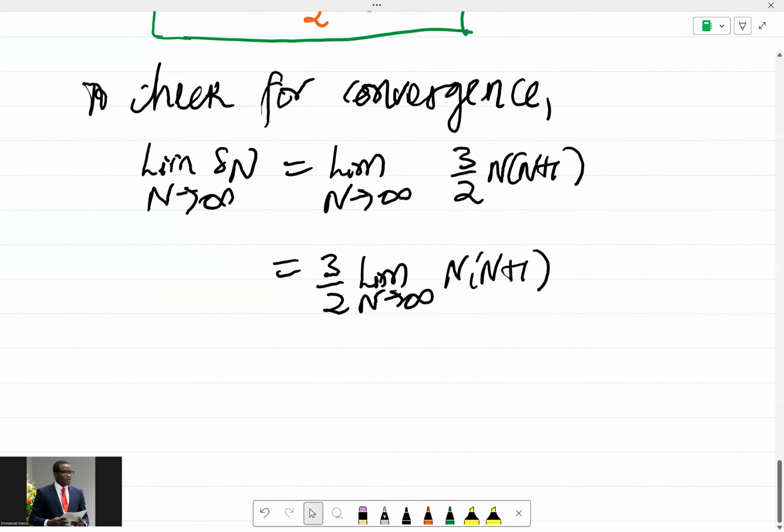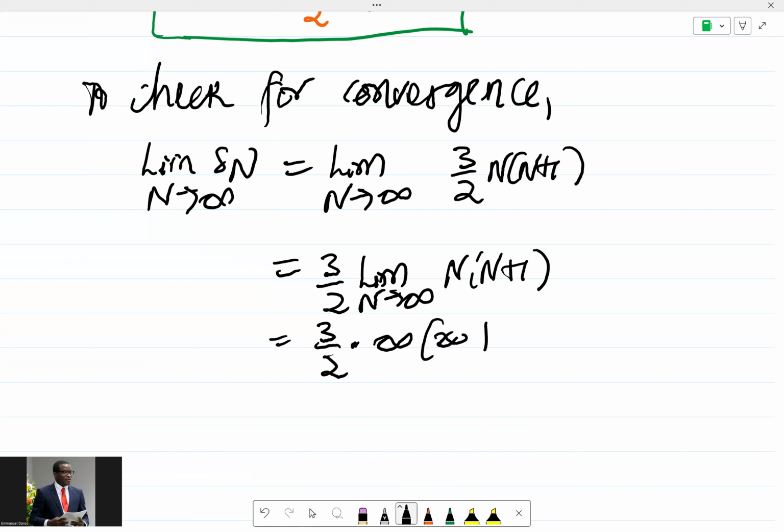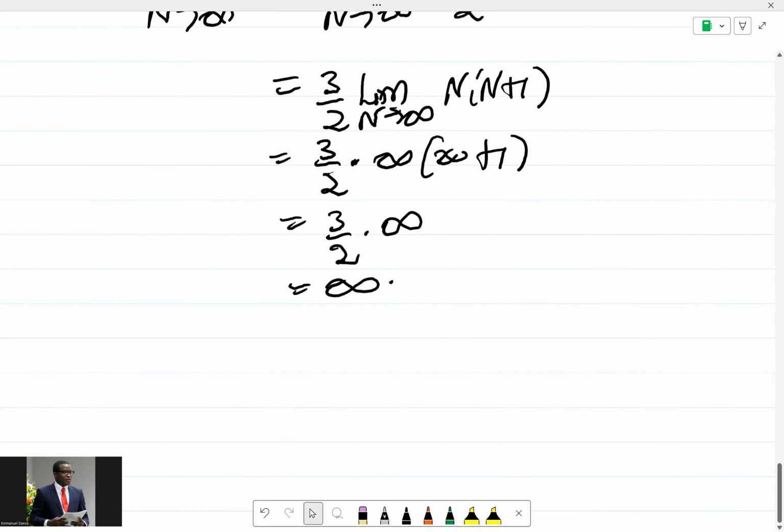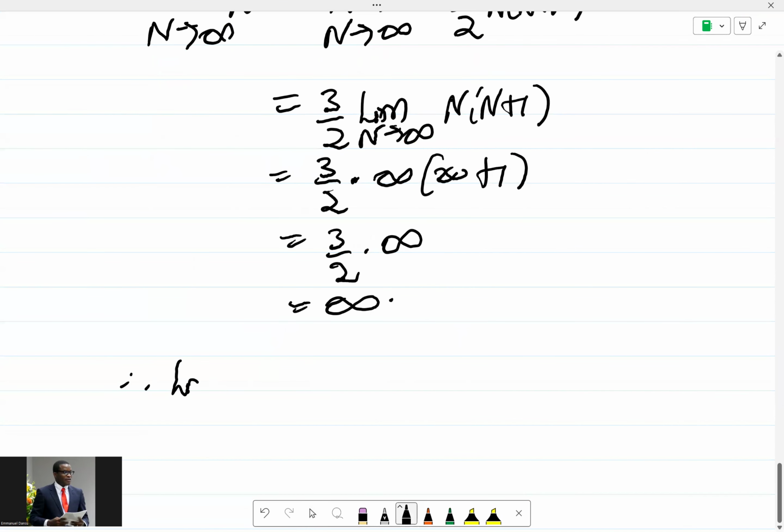There's no trick to how you're going to do this really, because if you substitute directly, you're just going to have infinity all the way. So it's more like you have 3 over 2. If you substitute infinity for n, which is the first thing to do, infinity plus 1, we cannot simplify this expression. So we just have 3 over 2 times infinity. So everything is infinity at the end of the day. So we can say, therefore, the limit of Sn as n goes to infinity is equal to infinity.